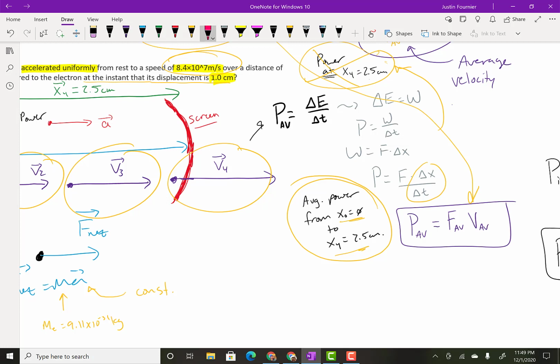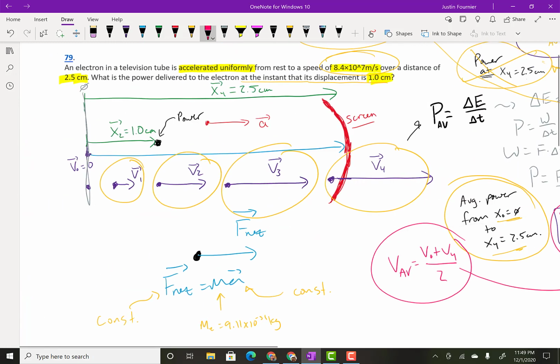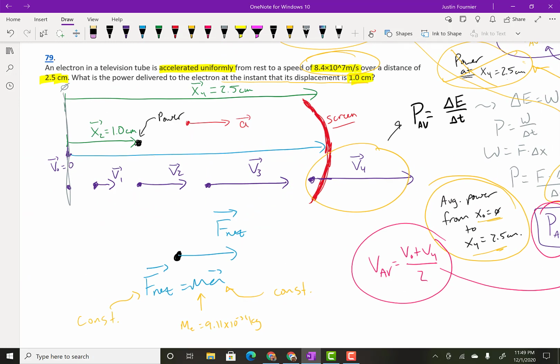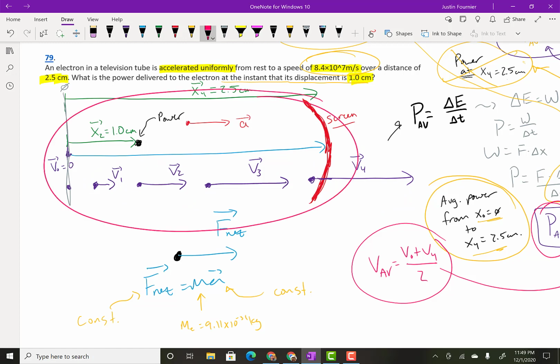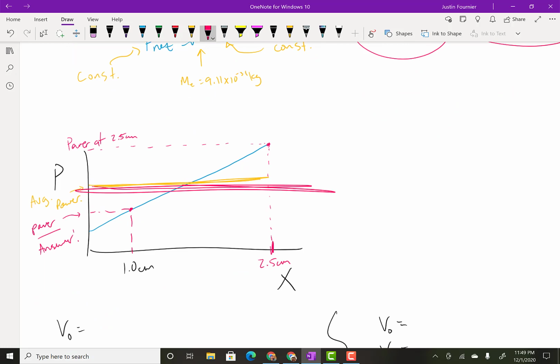So I could use the flat out definition of average velocity. That would be the initial velocity plus the final velocity, so the velocity of 4, divided by 2. If I found that velocity and multiplied that by my average force, I would get the average power. That would be correct, but that would be the power throughout this whole thing, the power in between here.